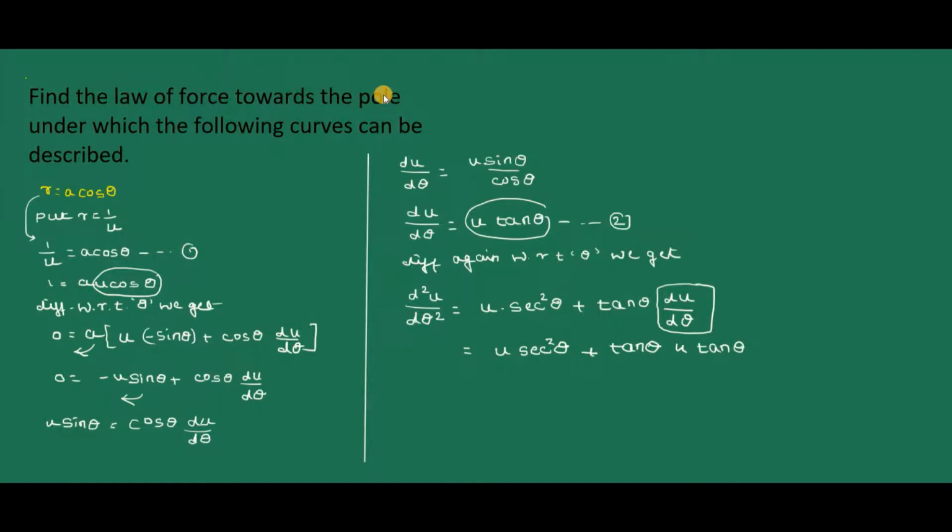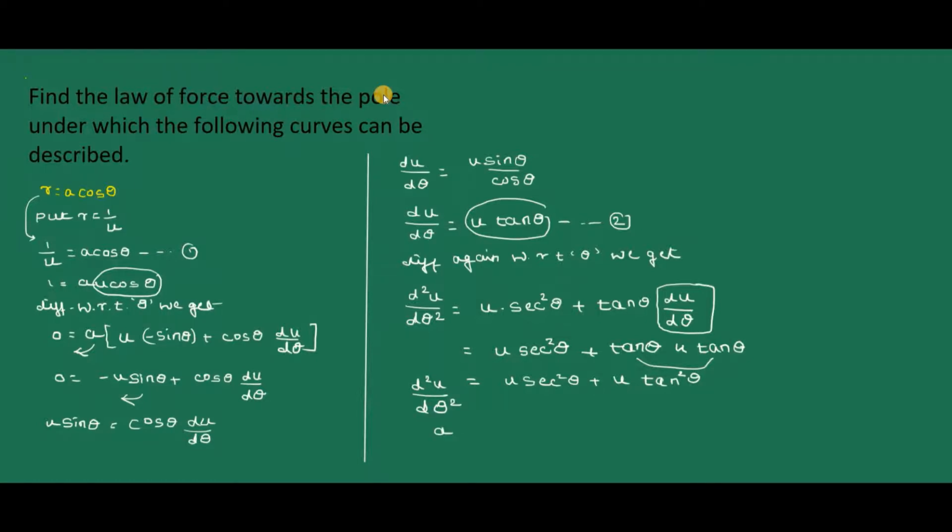So this is equal to u sec square theta plus tan theta into tan theta is tan square theta. We can write it as u tan square theta. So this is the value for d square u divided by d theta square.